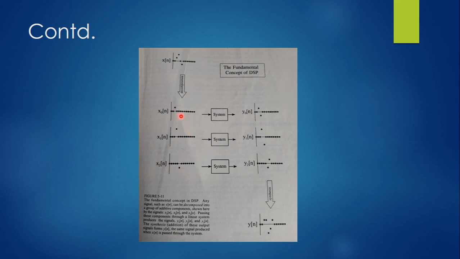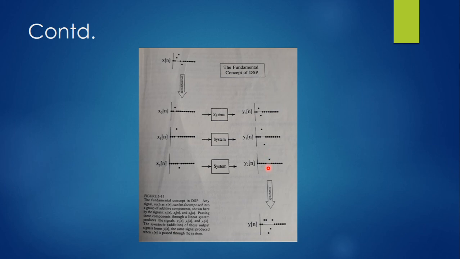When you give this input to this system with one sample, this is your output. When you give this input to this system, this is your output. You give this input to this system, this is your output. If the system is linear, only in the case of a linear system, you do the sum of all, give it to this system, what you get is the sum of all these outputs.